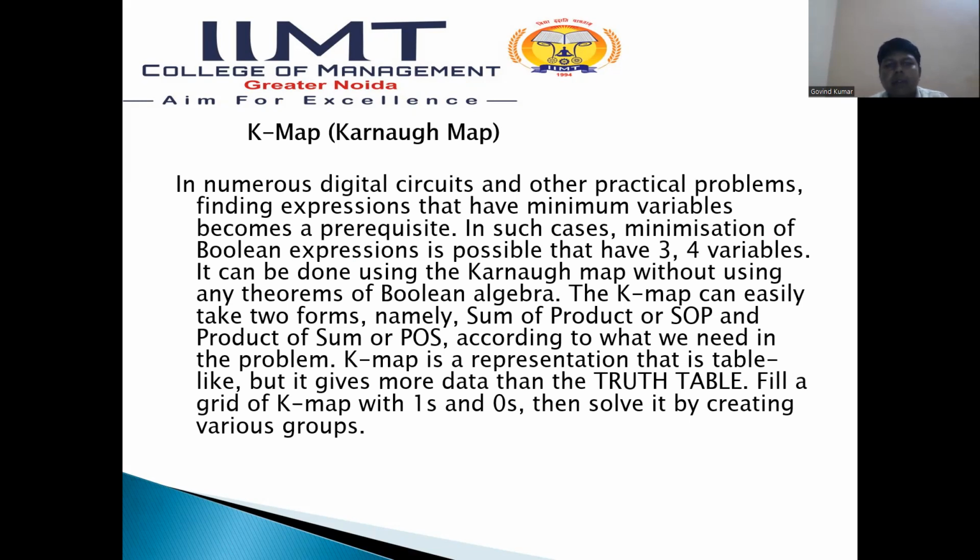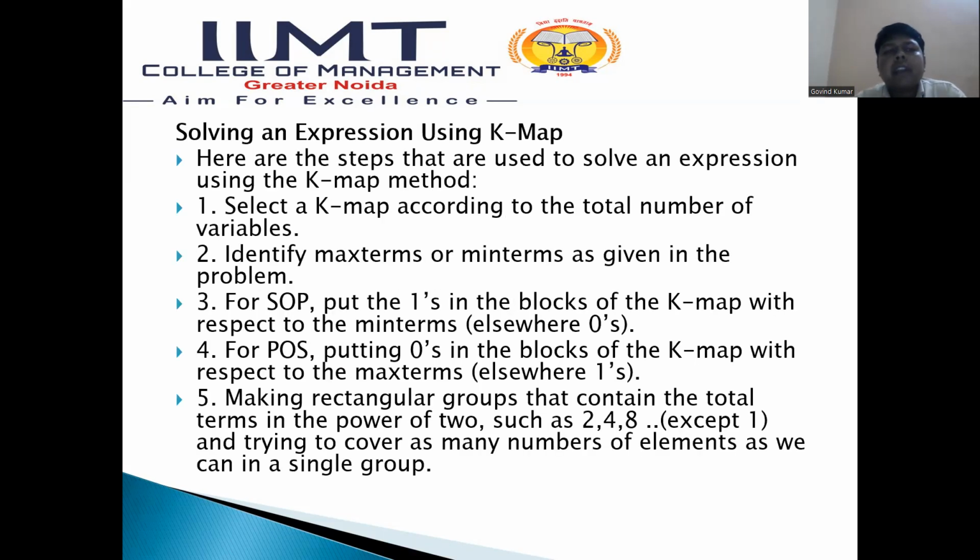For 3 variables, 2 power 3 requires 8 cells, and for 4 variables, 2 power 4 requires 16 cells, just like in the number system. This is used in creating graphs, designing computer architecture programs, development programs, and satellite programs.